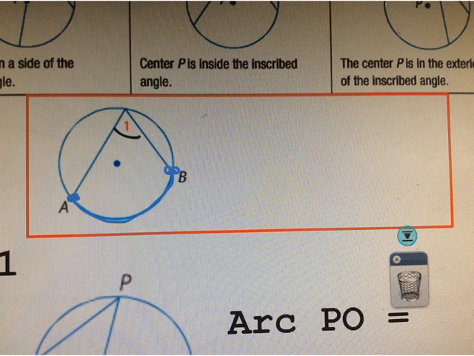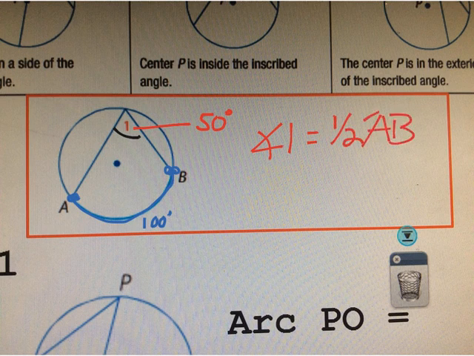So that means that if this arc measure was 100 degrees, then that angle would have to be equal to 50 degrees. So the angle equals half the arc that it intercepts.